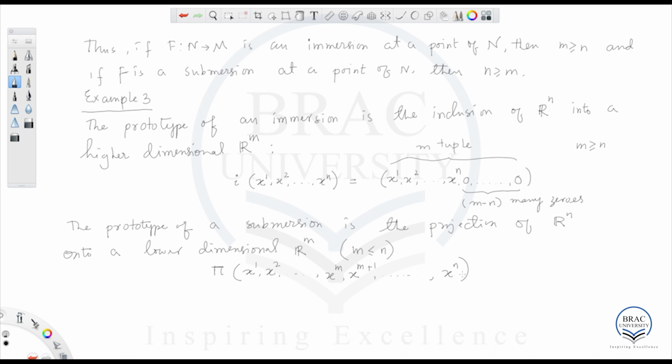Okay, this is possible since m is less than or equal to n. So this is an n-tuple, and the result is just the first m coordinates, x1, x2, all the way up to xm. Okay, this projection is a prototype of a submersion.